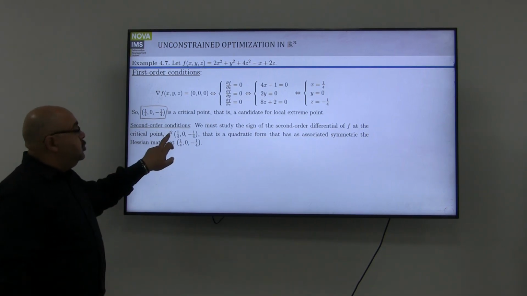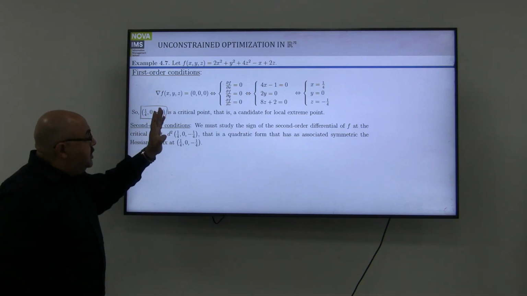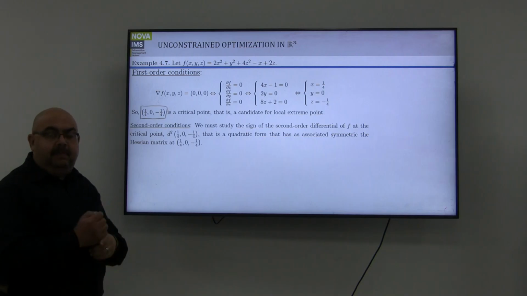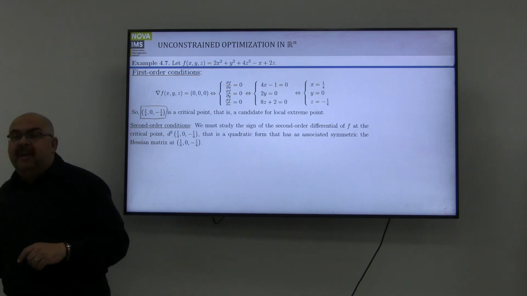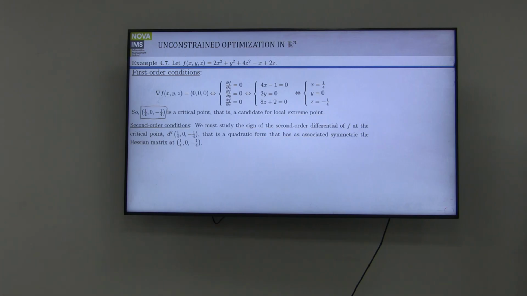The second step is to get my differential. In order to get a differential, for this case, I will have to complete a Hessian matrix, as you know.